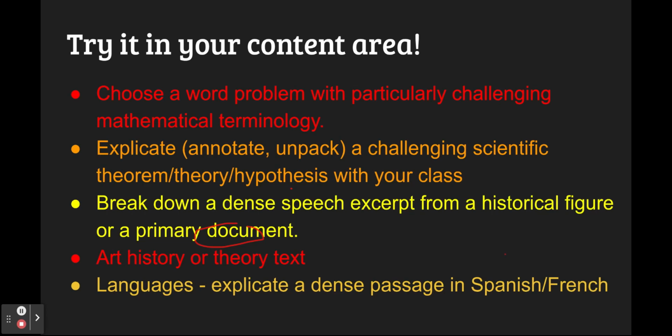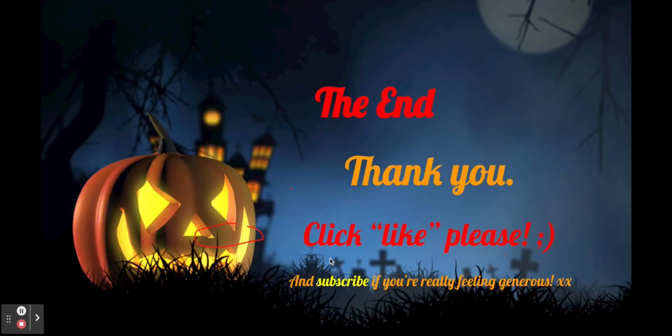Art history, same thing, or any kind of theoretical, dense text that is really difficult for them to break down on their own. Language classes, so explicate a dense passage if you're doing literature in Spanish or French, or even where there's a nonfiction text. So I feel like you could pretty much do this exercise with any of these classes.